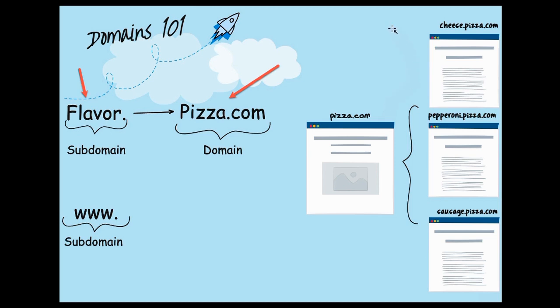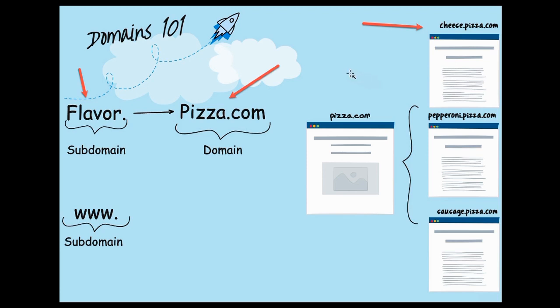So you say, hey, listen, I'm going to create a subdomain right off of my main website, and we're going to call that cheese.pizza.com. See what I did there? So that's cheese. And when you go there, all you're going to see is a landing page for all different cheese pizzas, right? You know, cheddar cheese, other types of cheese, and so on and so forth.